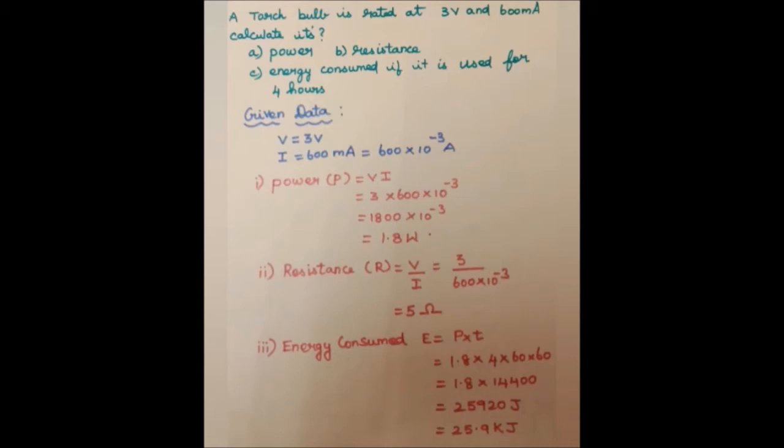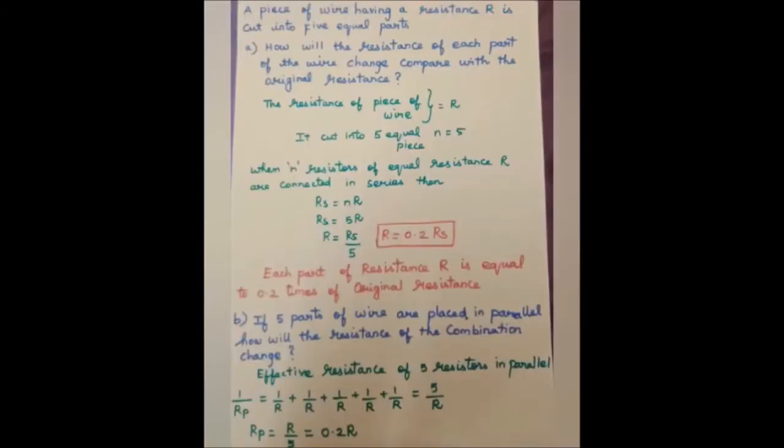Therefore 1.8 into 14,400 is equal to 25,920 joule. We have to convert it into kilojoule, so divided by 1000. Finally, we get the answer 25.9 kilojoule as energy.